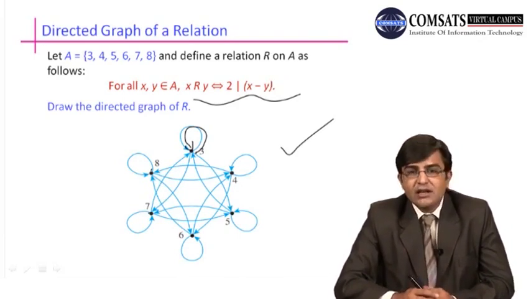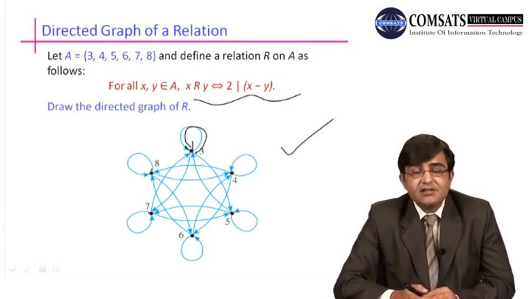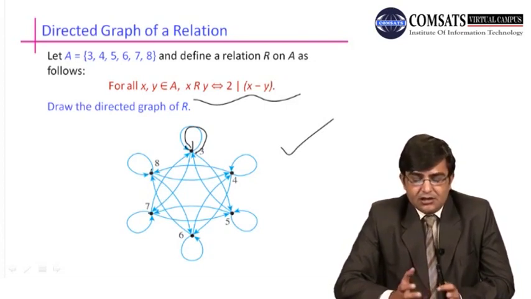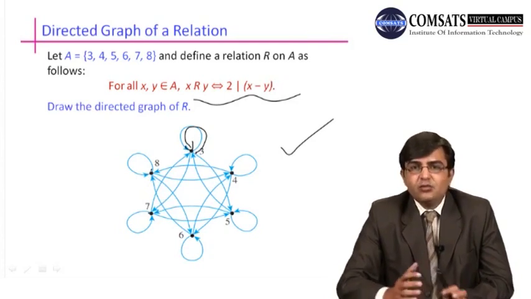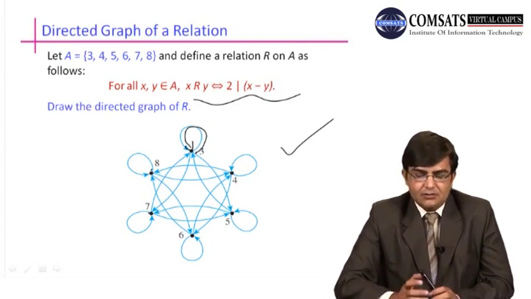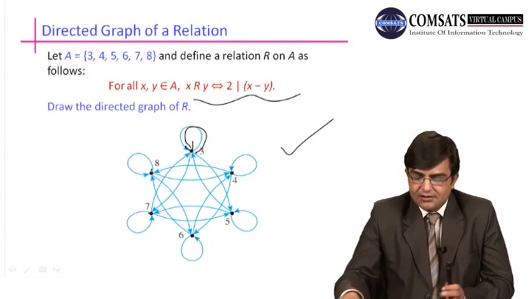So this is how we can express the relations using directed graphs or digraphs. And similarly, by watching digraphs, we can write the relations, which is the reverse of this process.